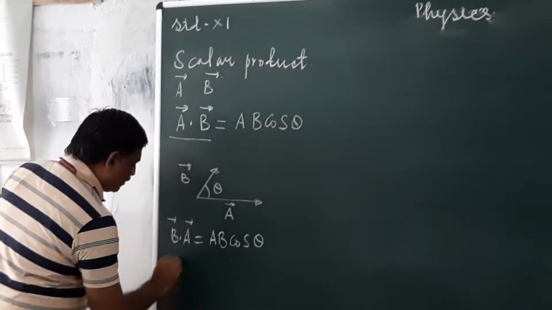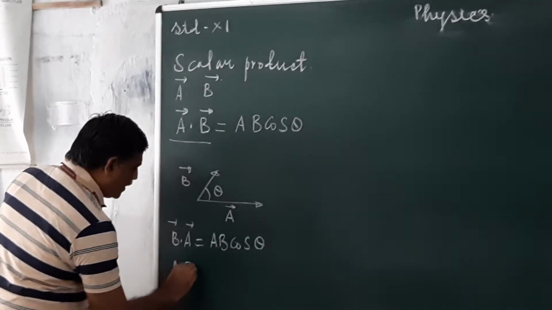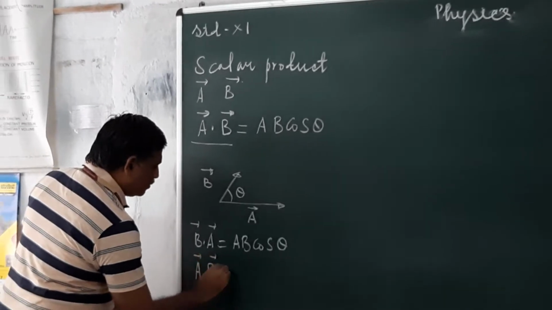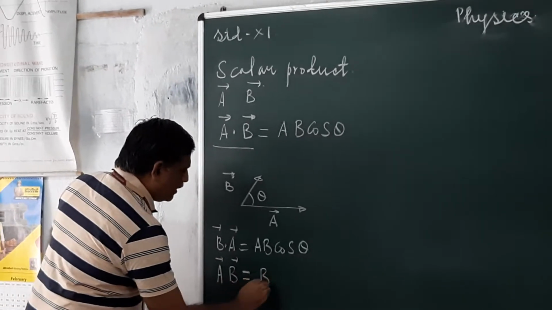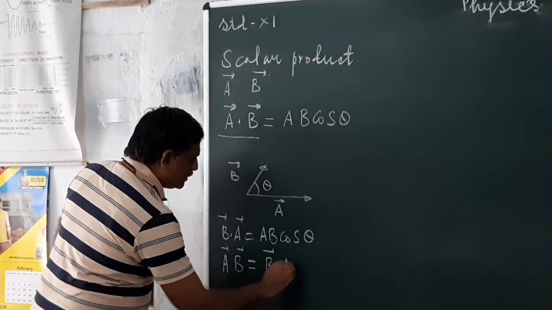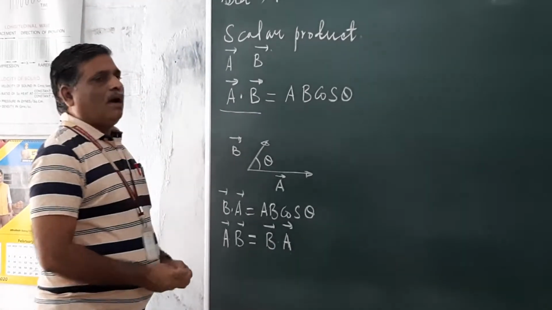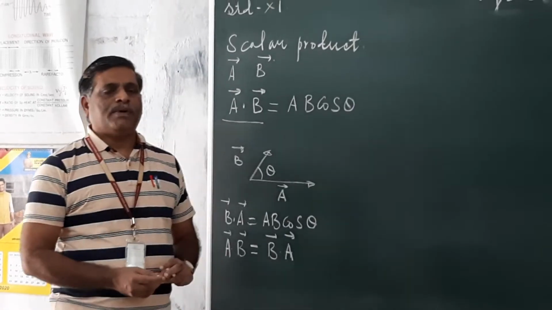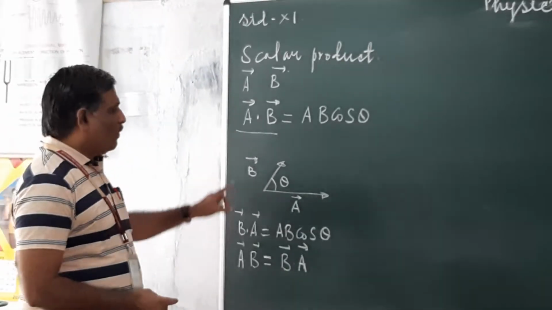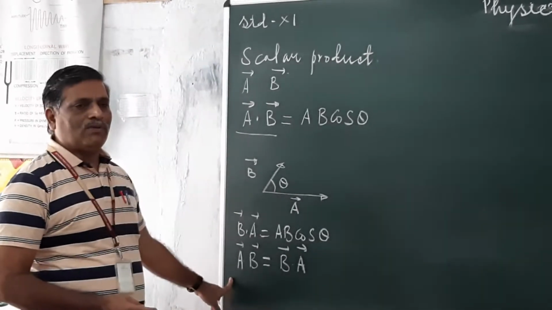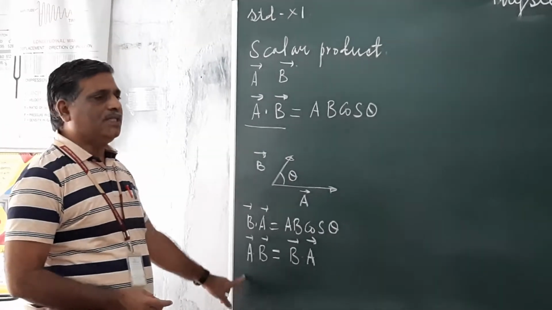When A dot B is equal to B dot A, we call it that scalar product is commutative. Already this concept we have studied. So one property we come across about scalar product is that it is commutative.